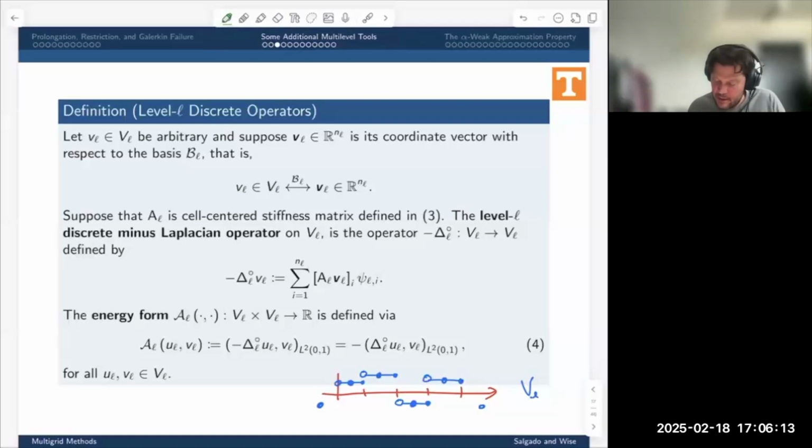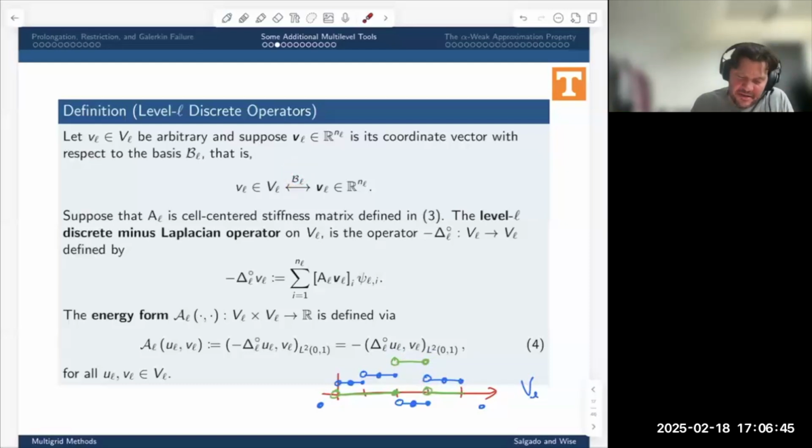For example, the third basis function would be that function right there. Can you see that? So it's 0, then it shoots up to 1, then it goes back down to 0. So that's the third basis function in this set we called BL.